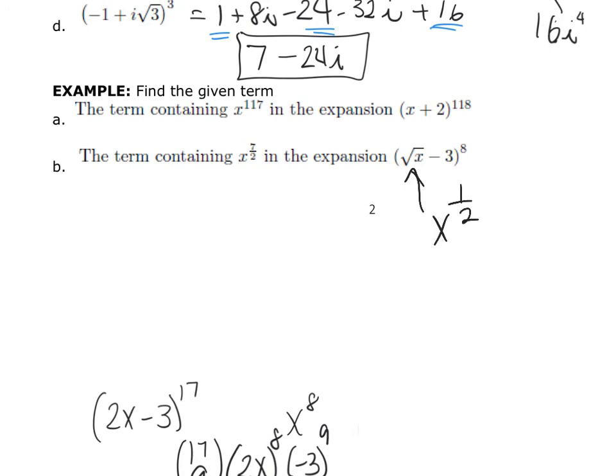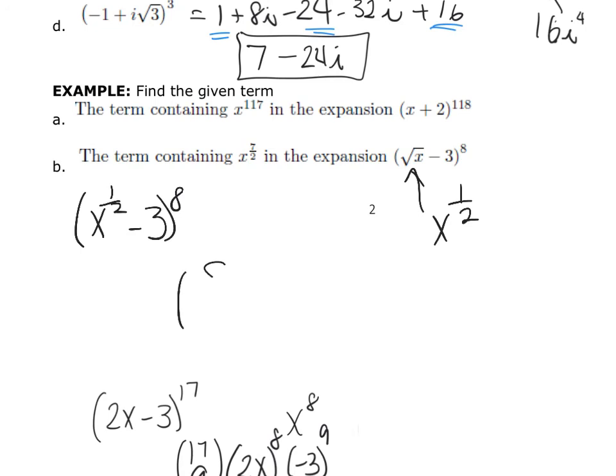So then what you really have is x raised to the 1/2 minus 3 to the 8th power. So go ahead and now in that form, see if you can find the term containing x raised to the 7/2.